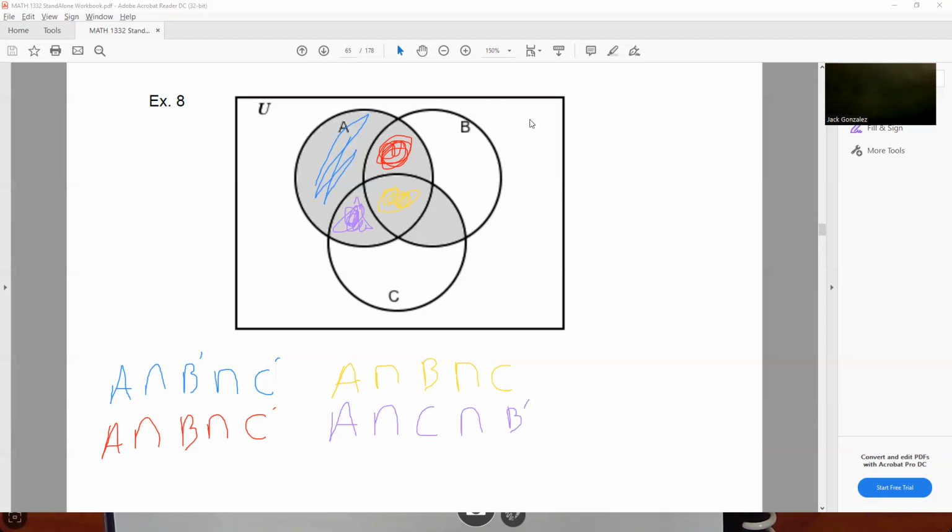And then B intersect, B, yeah, you're right. B intersect C, but not intersect with not A. Cool.